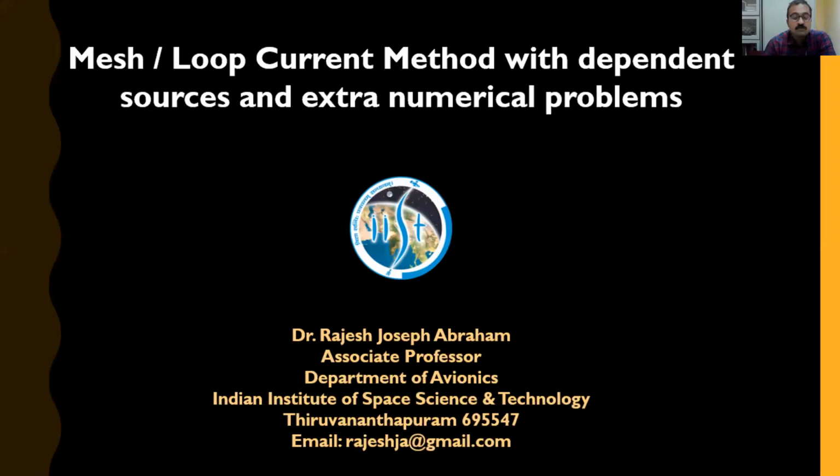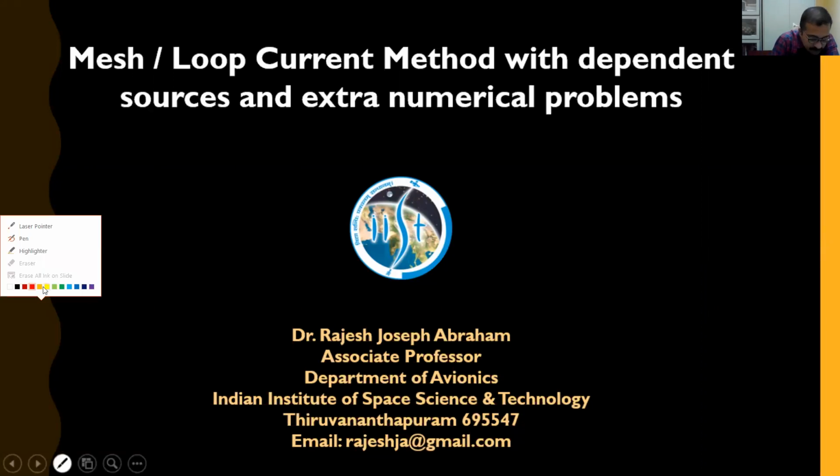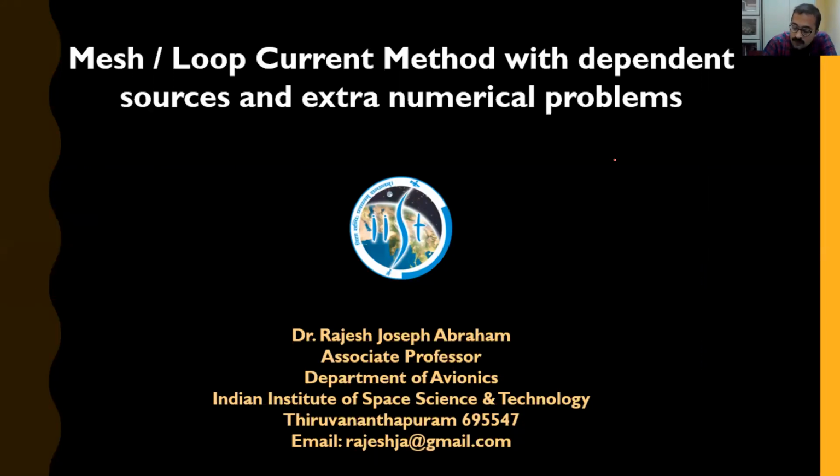So what do you mean by dependent current source or dependent voltage source? They are indicated in this way. So we will use this diagonal shape. If you mark this with polarity, it means this is a dependent voltage source.